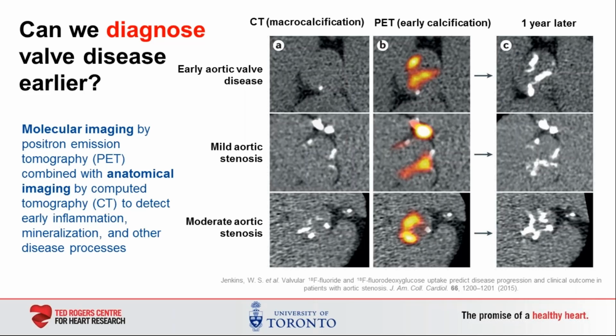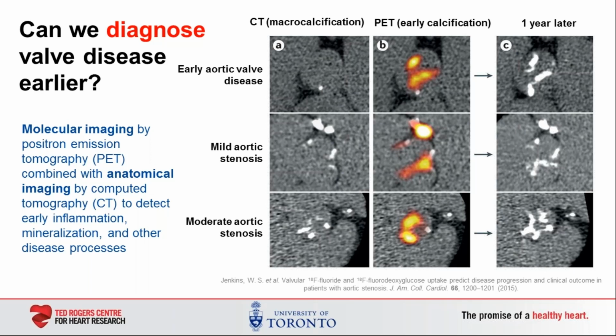There's some promising techniques emerging, for example molecular imaging, which I'm showing here, in which not only can you get anatomical information by CT to know what the valve looks like, but you can also use imaging methods such as positron emission tomography, or PET imaging, to look at whether certain molecules are being detected in the valve, and these molecules may be indicative of early inflammation, early mineralization, and other disease processes that occur before the valve is too far gone.